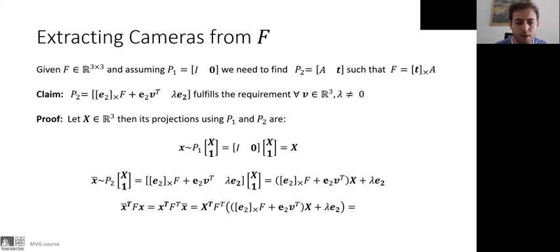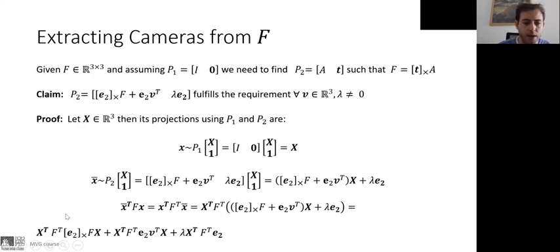Okay, so we just assign x to be capital X, and we assign x bar to be this term from before. And now we just need to open this term, and we get three monomials, which are actually three scalars.